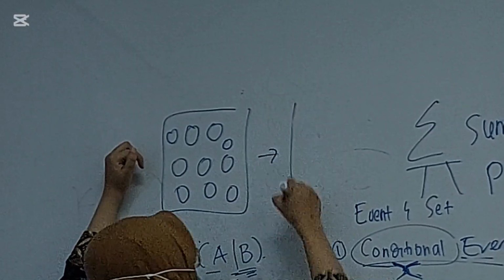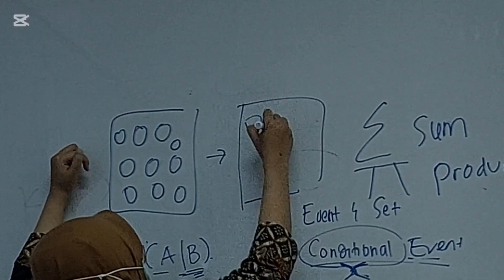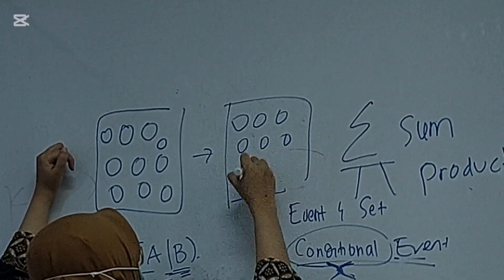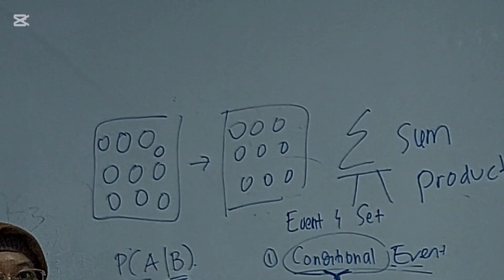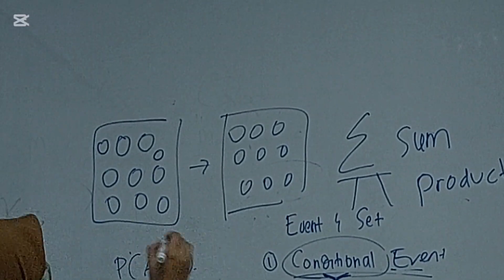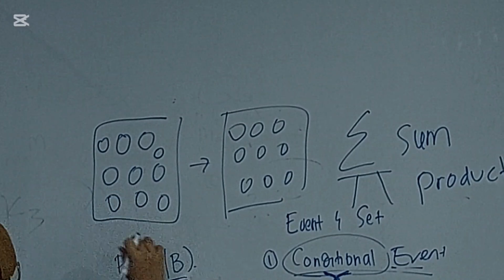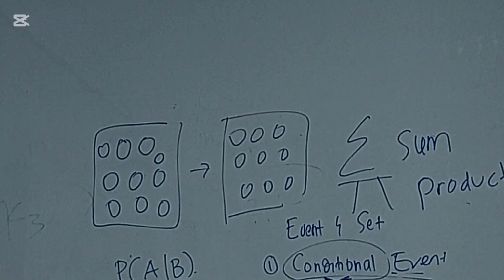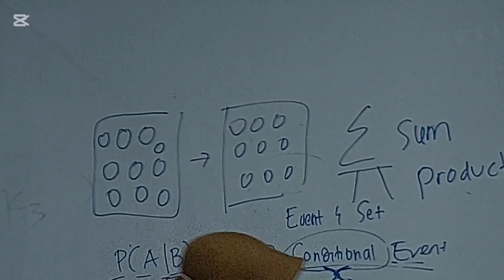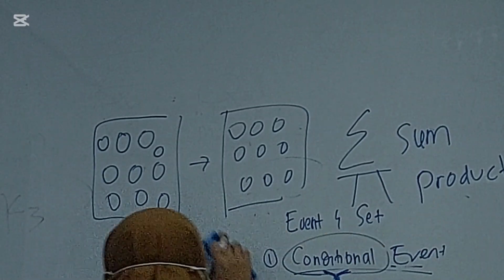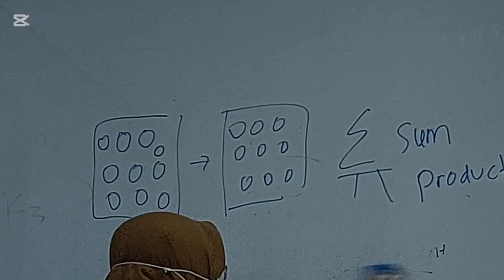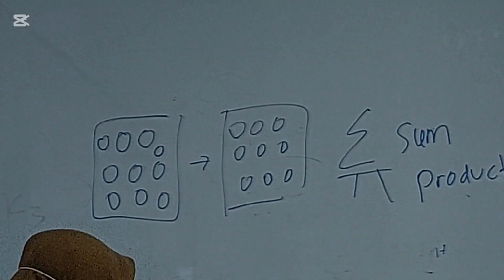In the second trial, we only have 9. So we calculate the number.